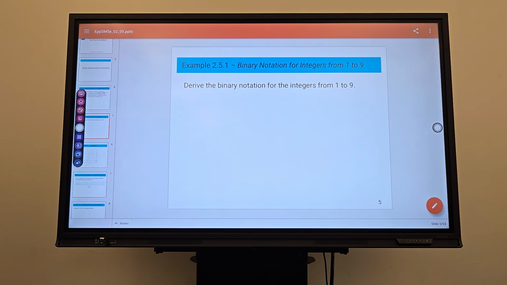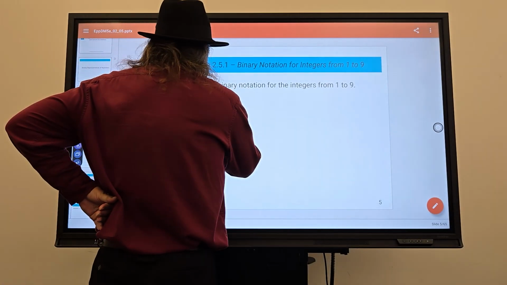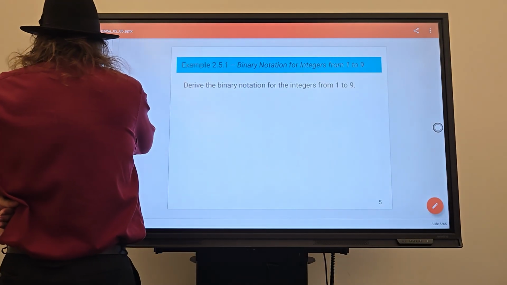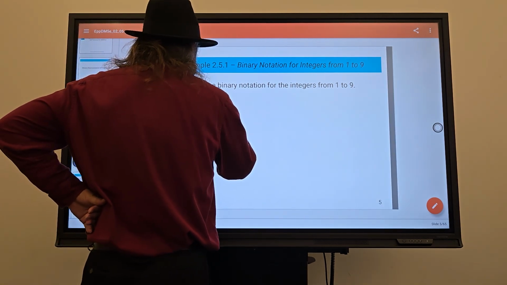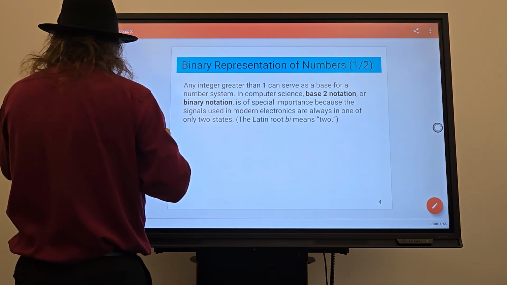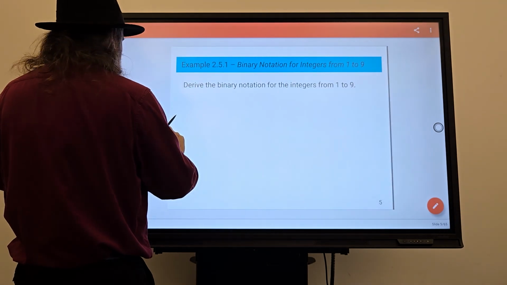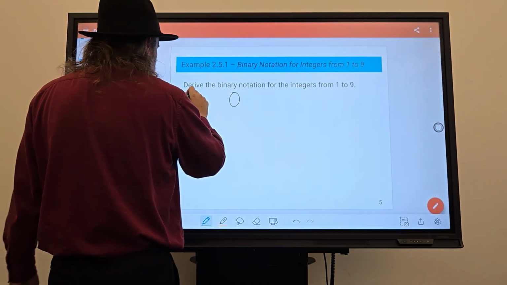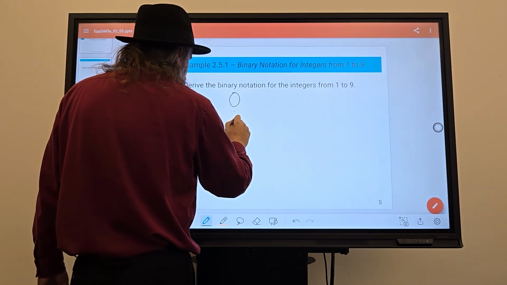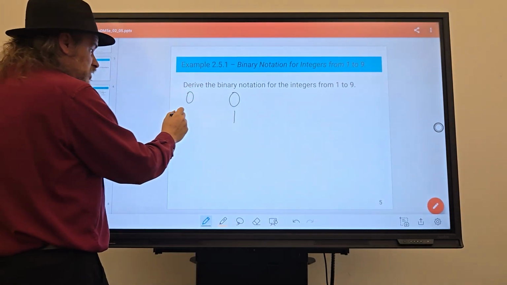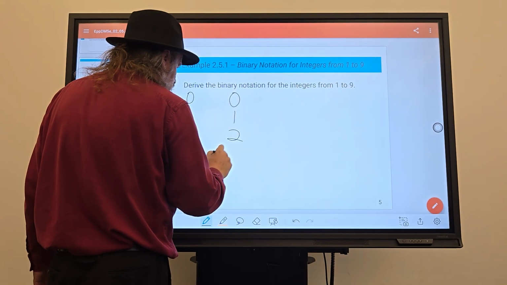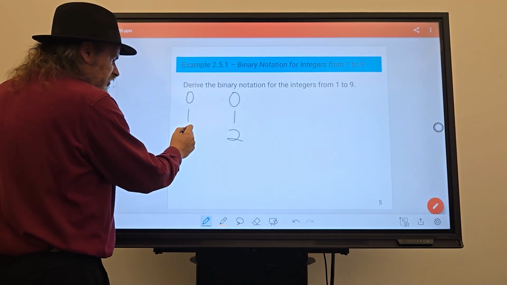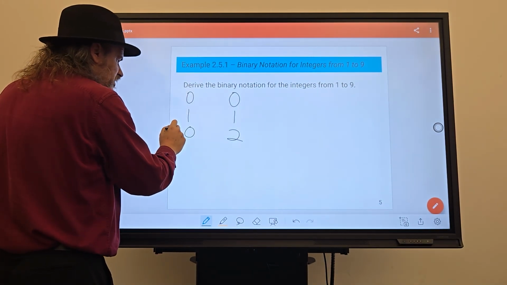Yeah, it starts over again, and you add 1 to the next column. So I'm going to start with 0. That's 0. 1. That's just 1. 2. You ran out of numbers, so you roll over to 0, and you add 1 in the next column.